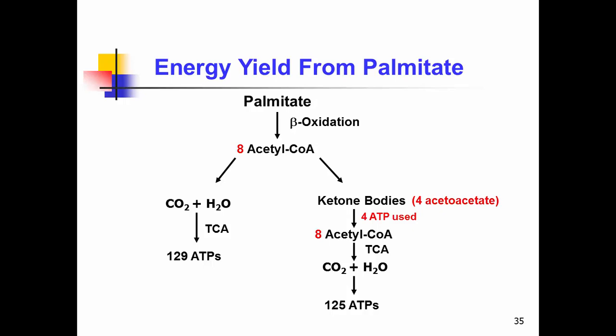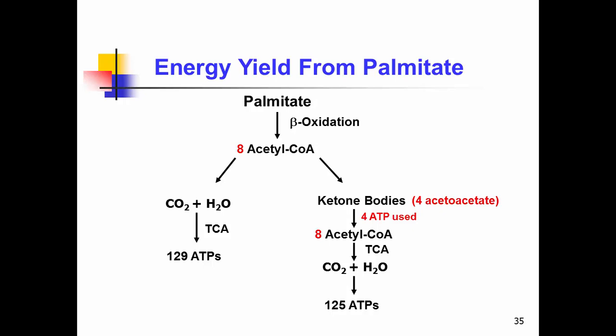If these 8 acetyl-CoA molecules are not completely oxidized through the TCA cycle, but rather go to the ketogenic pathway, for example in the liver, right, then the 8 acetyl-CoA molecules are used to make 4 ketone bodies, right? And ketone bodies can eventually enter the TCA cycle and break down back to the 8 acetyl-CoA molecules.